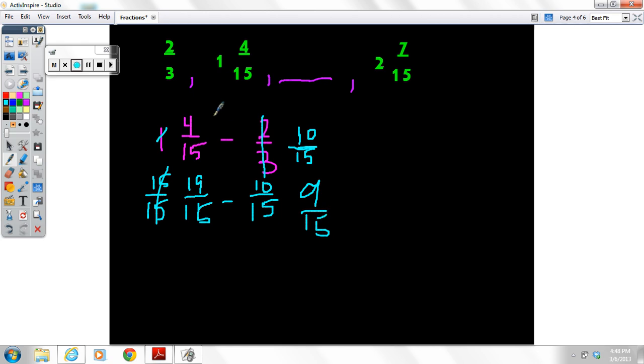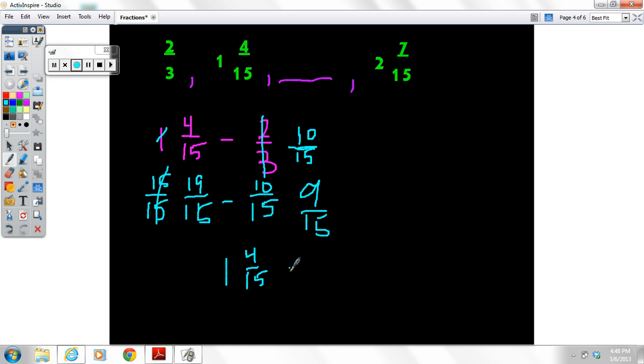That's telling us that this sequence is increasing by 9/15. So if this term is increasing by 9/15, what I need to do is go to this next number here, 1 4/15, and add 9/15 to that. If I do this correctly, whatever answer I get should be the missing term.